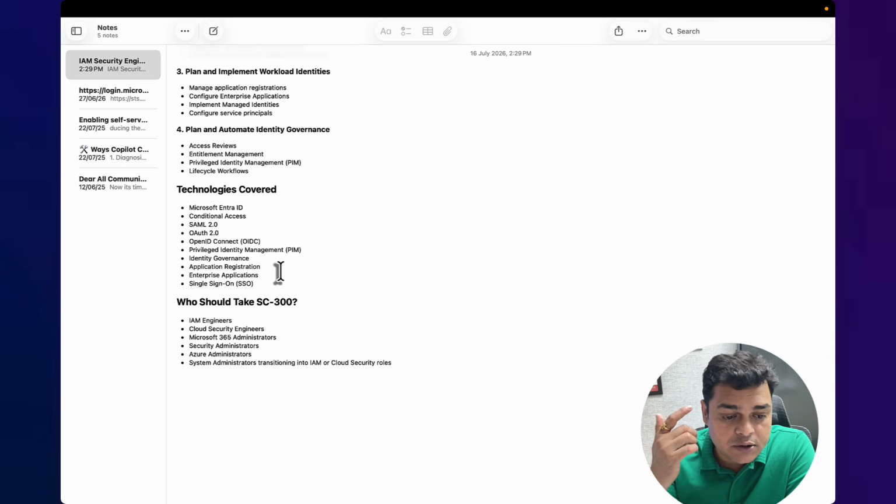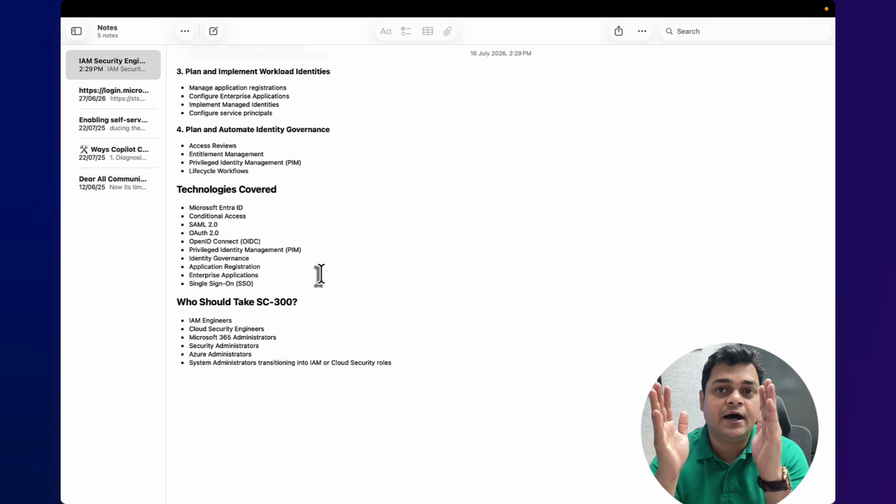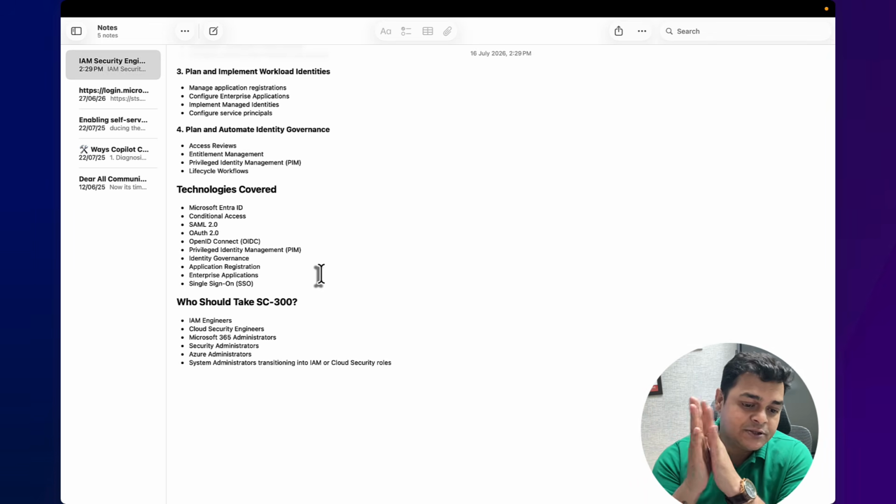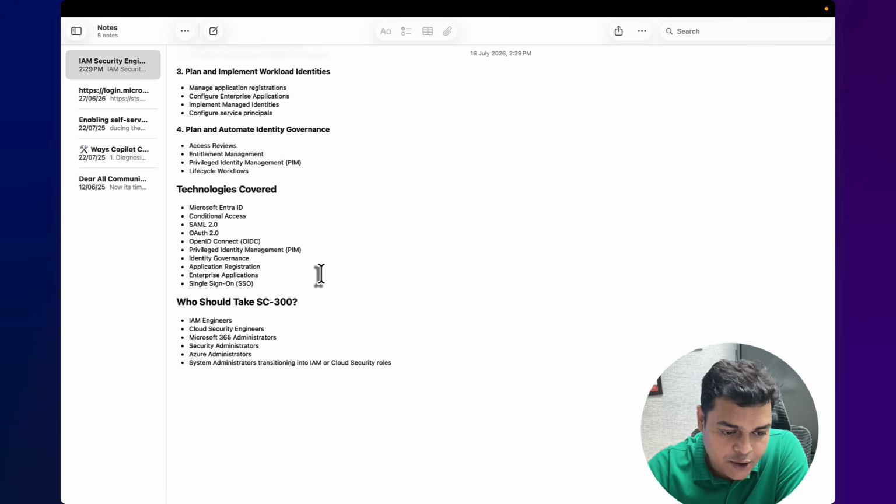We'll talk about conditional access, SAML 2.0, OAuth 2.0, and OpenID Connect, which is OIDC. This is another method that allows us to set up SSO, single sign-on. And PIM is Privileged Identity Management, which is applicable to cloud environments if you are going to manage identity and login management. So this PIM will help you a lot.